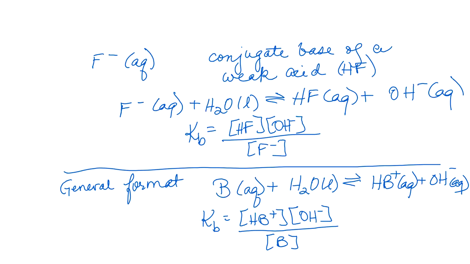In this case, hydrofluoric acid is a weak acid, so fluoride ion will be a weak base. It will react with water to form HF and the hydroxide. And this is my Kb equation for it. The general format for base hydrolysis is your base plus water gives you HB plus and hydroxide. And this is your general format for your Kb equilibrium equation.